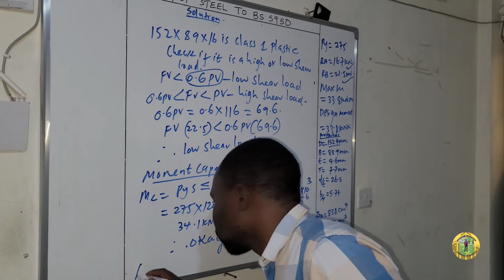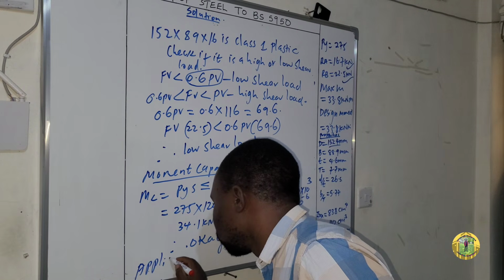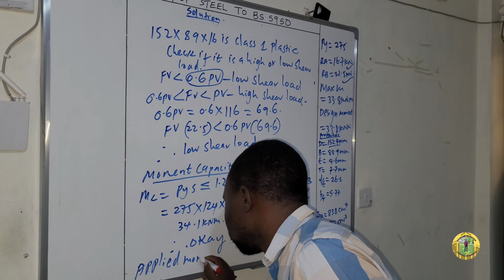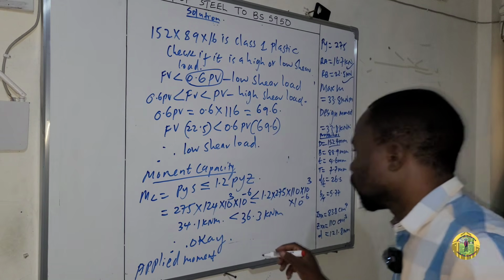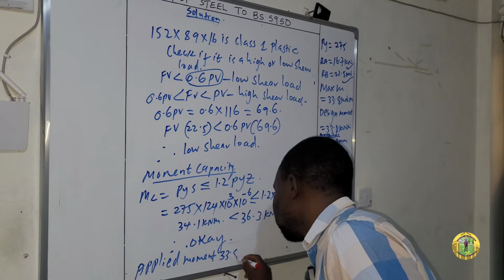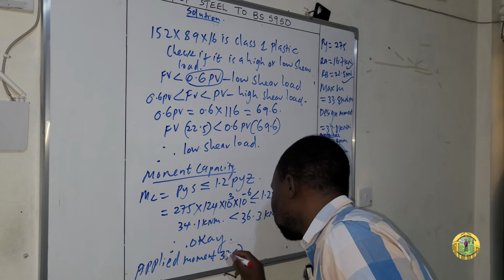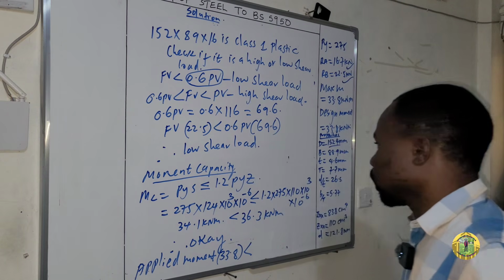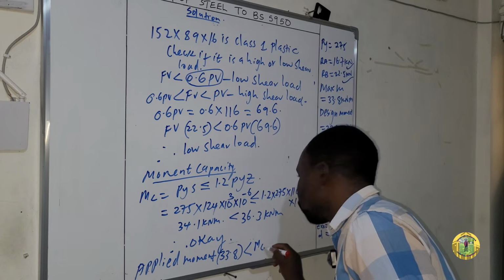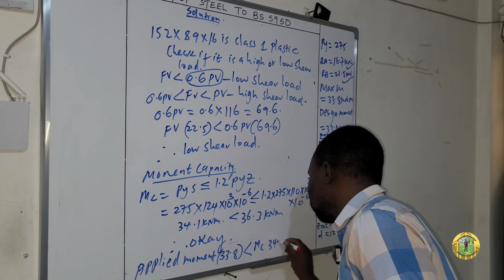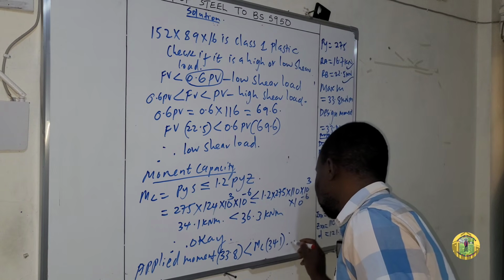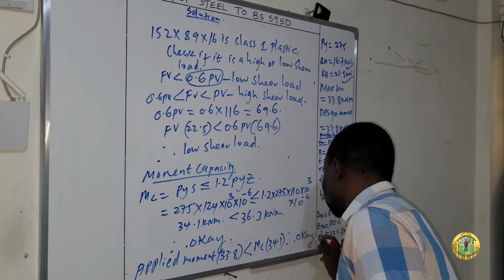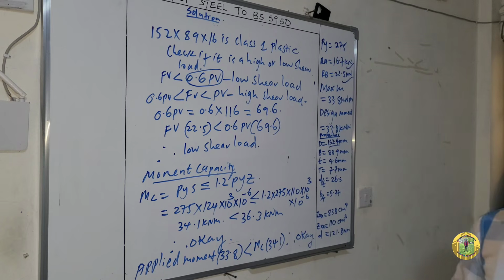So the applied moment, which is 33.8, is less than the moment capacity, which is 34.1 kilonewton meter. Therefore, okay. Therefore, the section is okay. And that marks the end of this question.